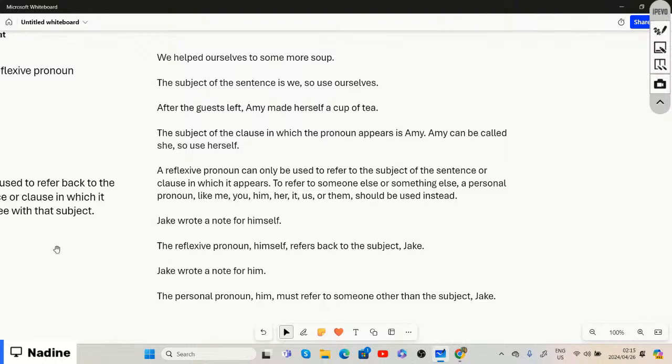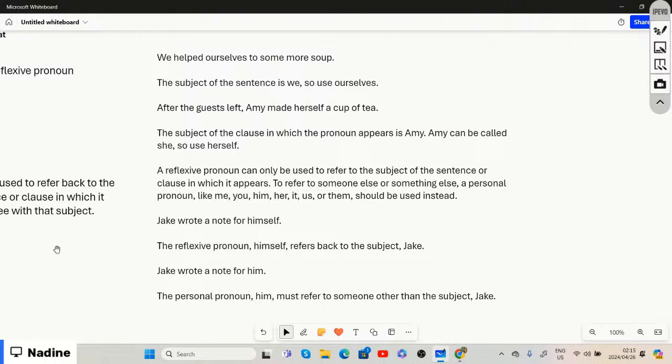So a reflexive pronoun needs to refer back to yourself, or it needs to refer back to the subject in which you are talking about. Whereas a personal pronoun, right, refers to something else or to someone else. So if it does not refer back to you or back to the subject, then it's called a personal pronoun.